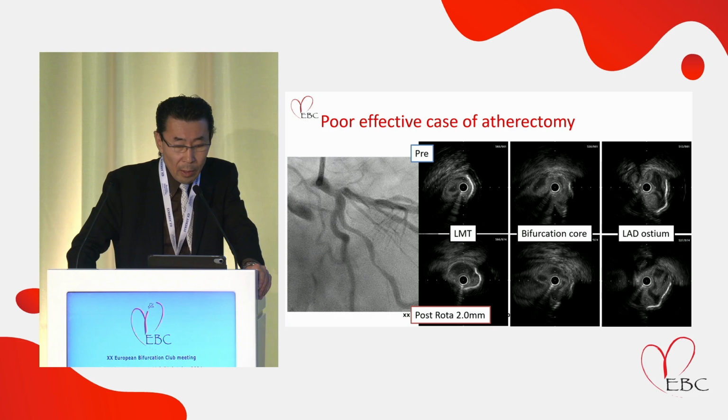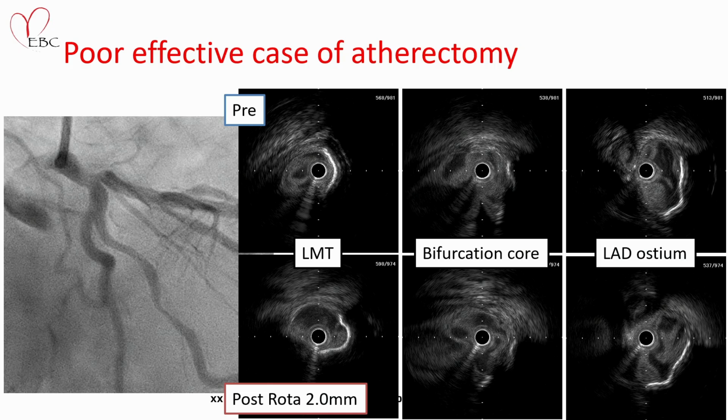After the 2.0 millimeter rotablator burr, the LCx ostium calcification had no contact with the burr. So this case is a little bit difficult, and there is not a good option for these lesions.